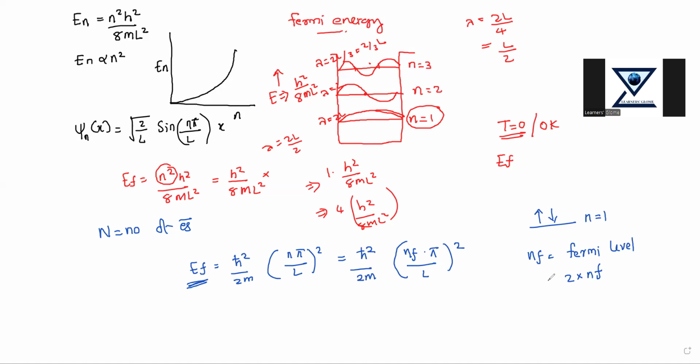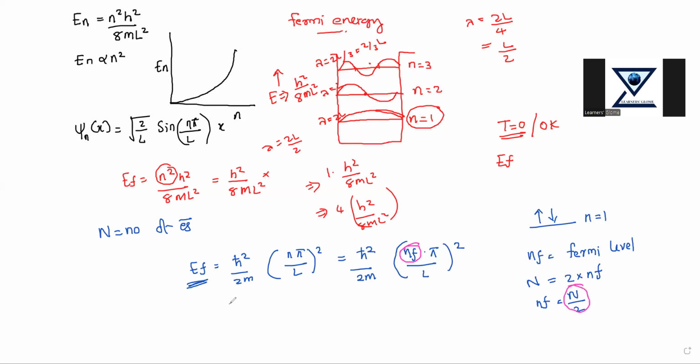So 2 into n_F is taken as the total number of electrons. That N, the total number of electrons, is equal to 2 into n_F, or we can write it as n_F is equal to capital N by 2. Now we can replace this small n_F using capital N by 2.